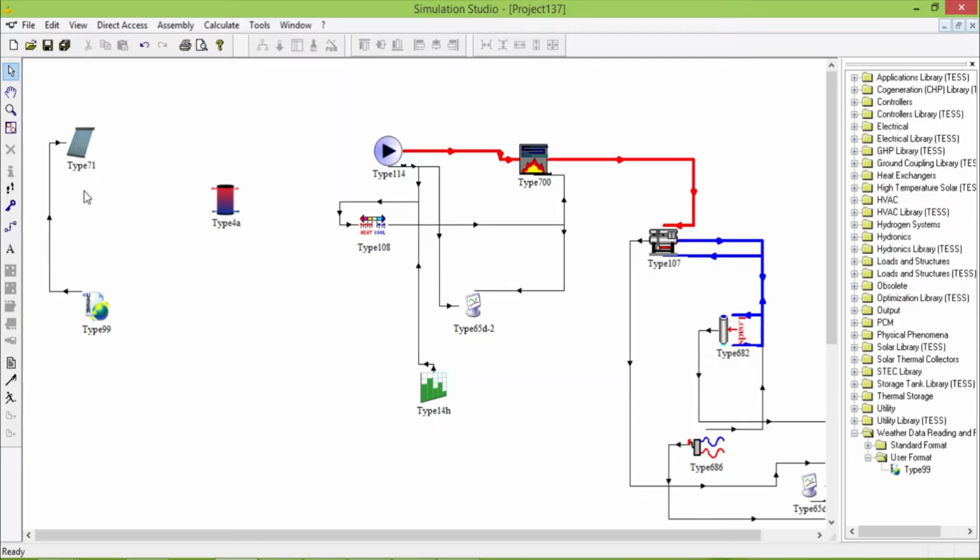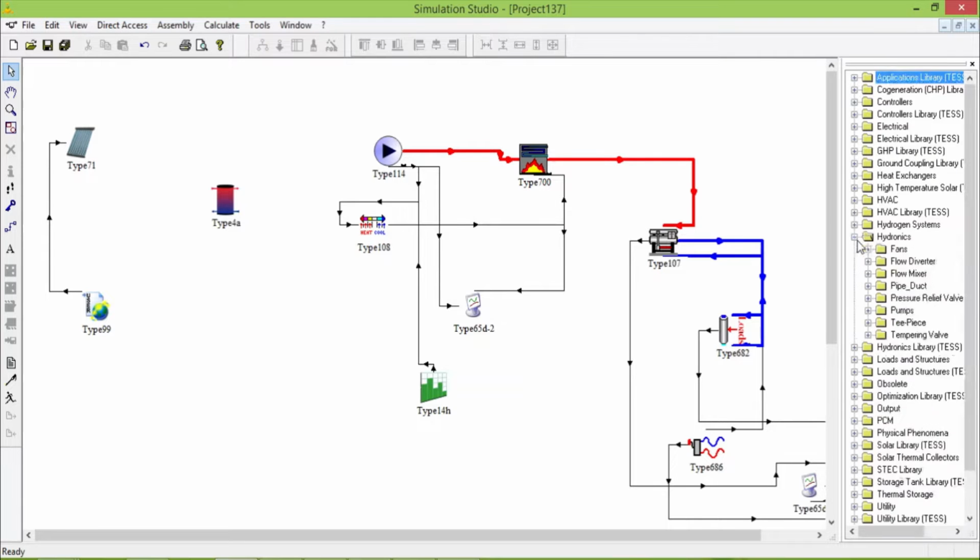Okay, and one more thing, I need to add a pump here. So, pumps, single speed, here.